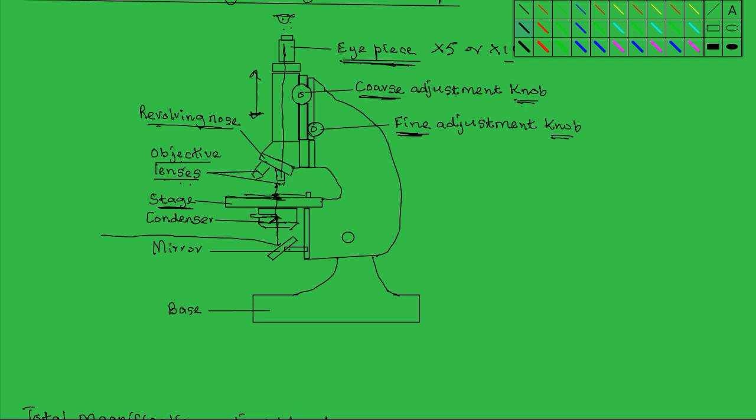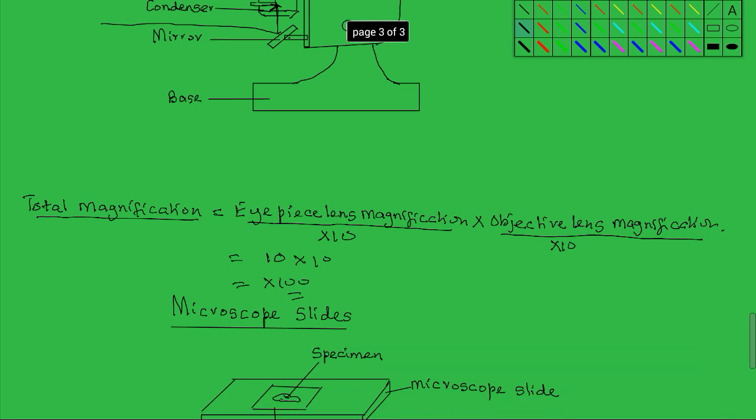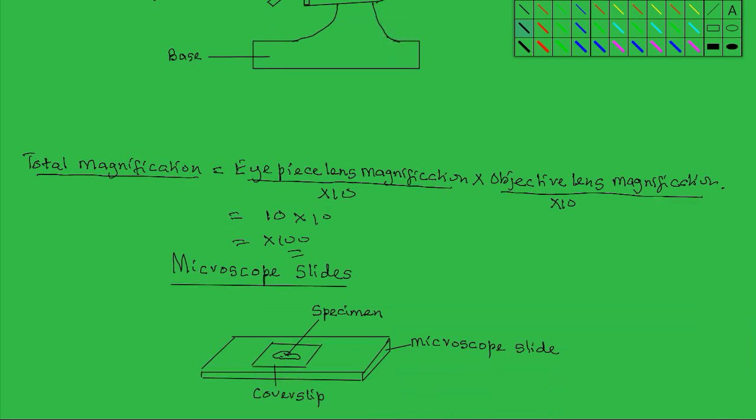The first magnification is carried out by the objective lens, then the second magnification by the eyepiece lens, so that the eye views the image of the specimen on the stage that is many times larger, and that is how the magnification comes about. So the total magnification is calculated by multiplying the two magnifications of the two lenses that magnify the image of the object.